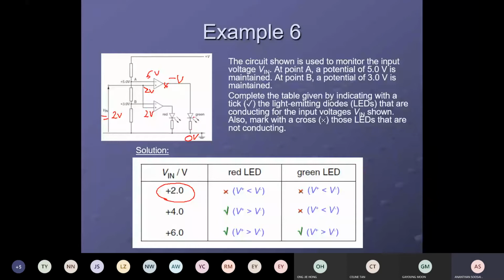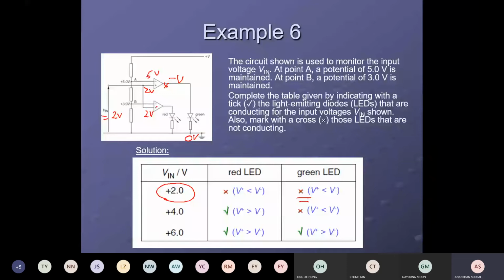So current tries to flow up because we have an LED here. LED is a light emitting diode. Is the LED in reverse bias or forward bias here? In this case, it's reverse bias, so you block the current from flowing. So green won't light up, because the green LED is in reverse bias.